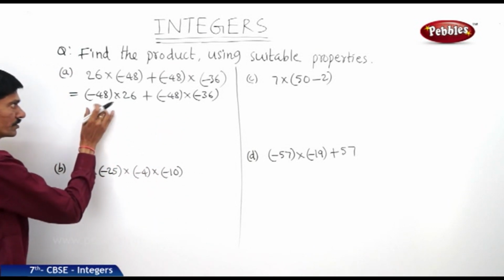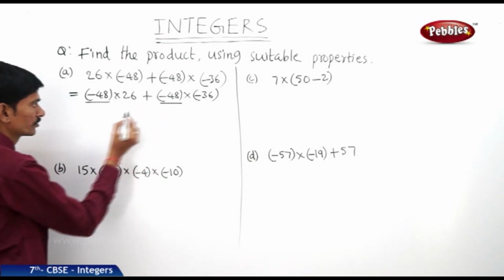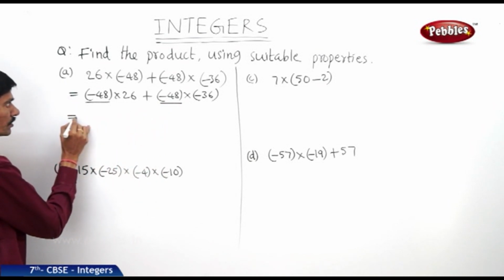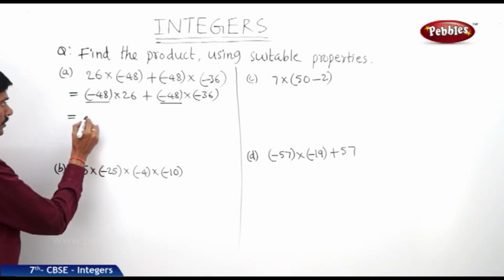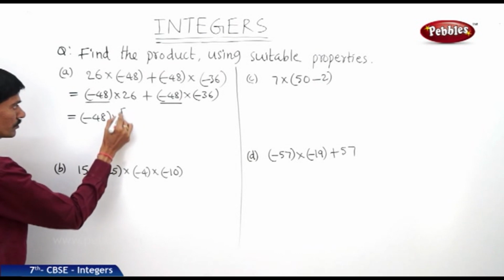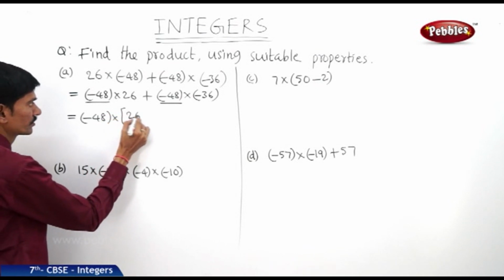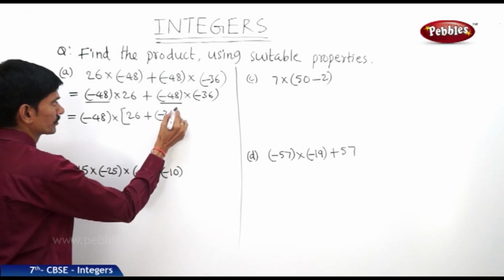Now when you observe this, here minus 48 is common. So by using distributive property, we can take minus 48 common. So this into 26 plus of minus 36.